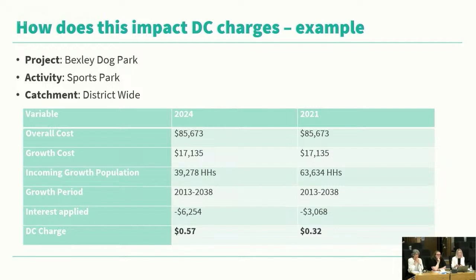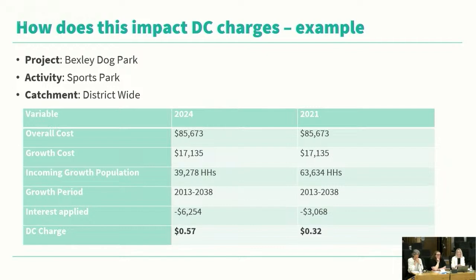And so the impact of that is that the cost of this charge has gone from 32 cents to 57 cents. Again, that's a fairly low DC charge in the context of other projects. But this trend is seen across the entire DC policy. And then you've got projects where the costs have gone up between the 2021 and 2024 policy. And you've also got projects that have been added to the policy in 2024, just to give you an idea of why some of these charges have gone up so much.